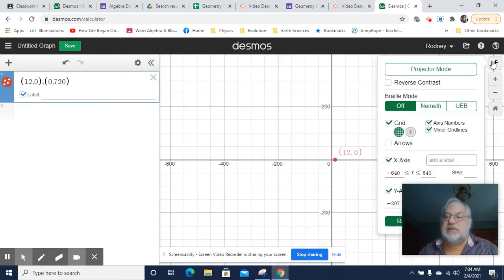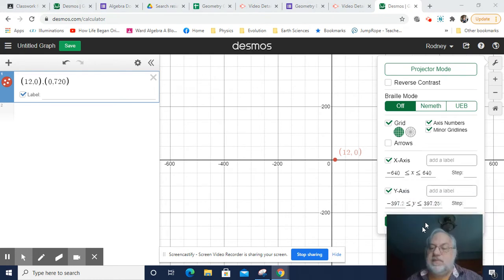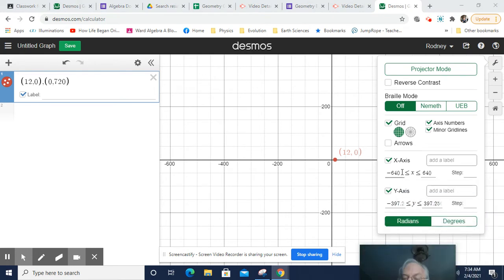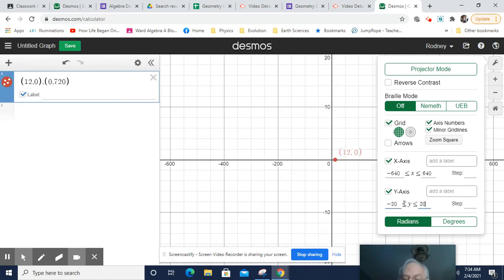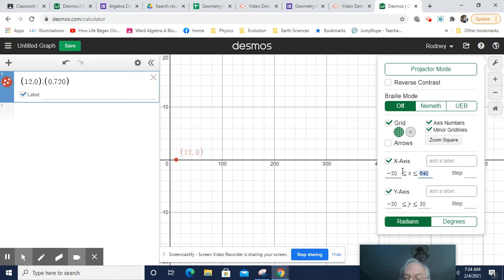I think I'm going to change my y-axis while leaving my x-axis reasonable. So I'm going to make my x-axis from negative 20 to 20. Well, that's weird, that's my y-axis, that's what I meant to do, my x-axis. So negative 20 to 20.